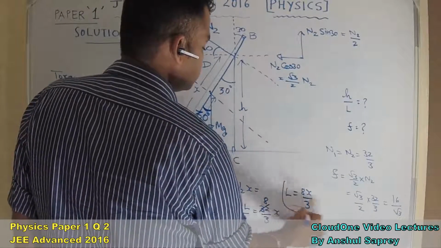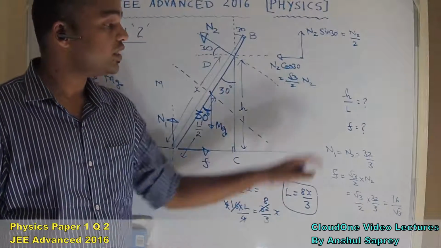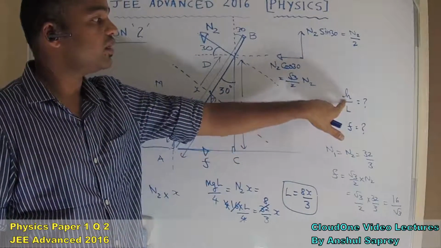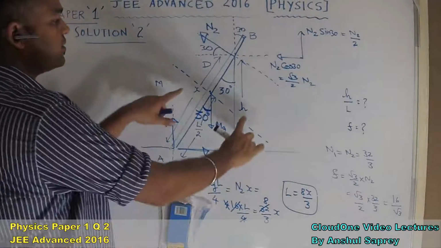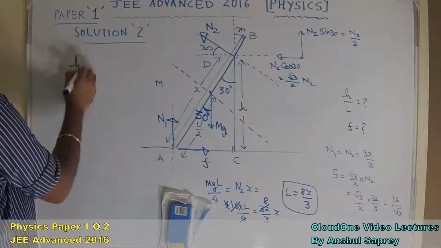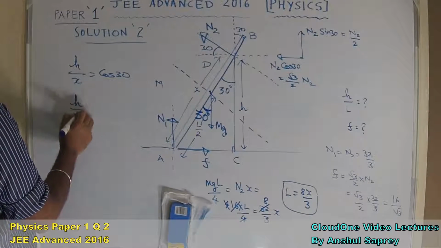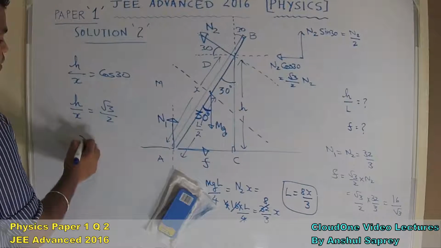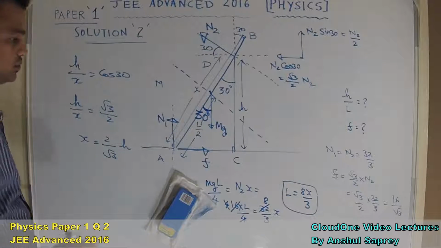We have found the relation between L and x, but in the question they have asked the value of h and L. How to find relation between h and x? Clearly h by x is equal to cos 30, so h by x is equal to root 3 by 2, so x is equal to 2 by root 3 into h.